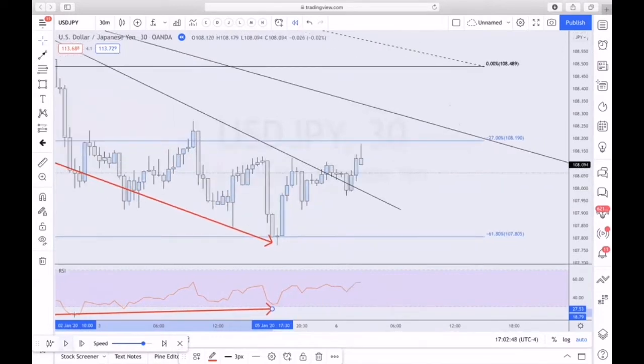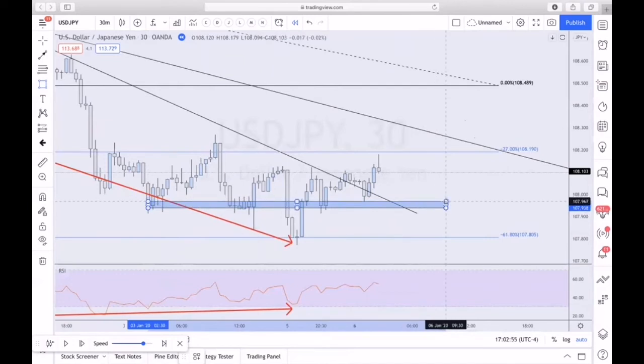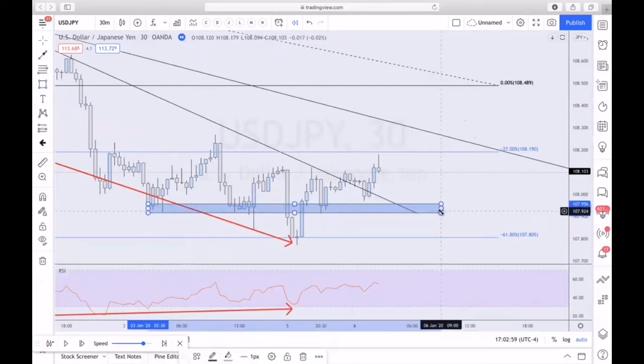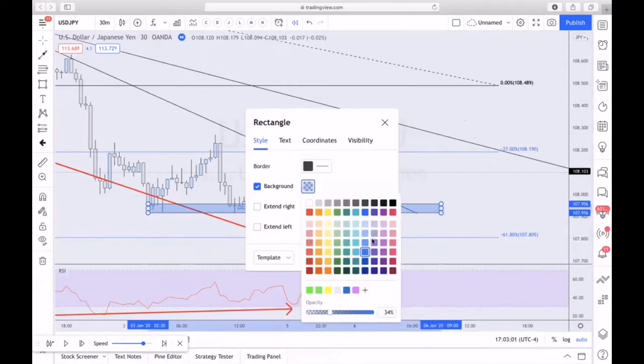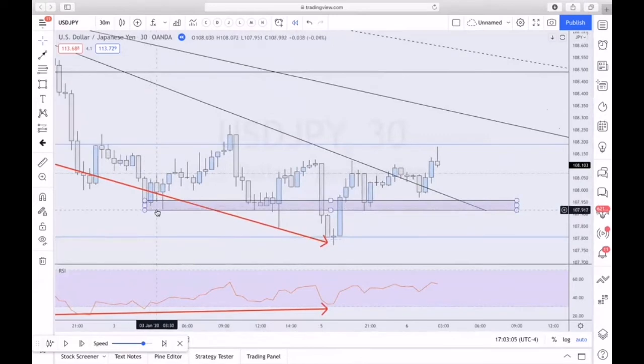Also, something that I do want to say before I forget, I would have a zone drawn here. This is a minor structure zone because this is a level of support that was not broken. The only time it broke was literally when it tested this negative 61.8. So we have exhaustion, price tried to come this low down, and then it pushed back up, which means that there were no sellers in this market.